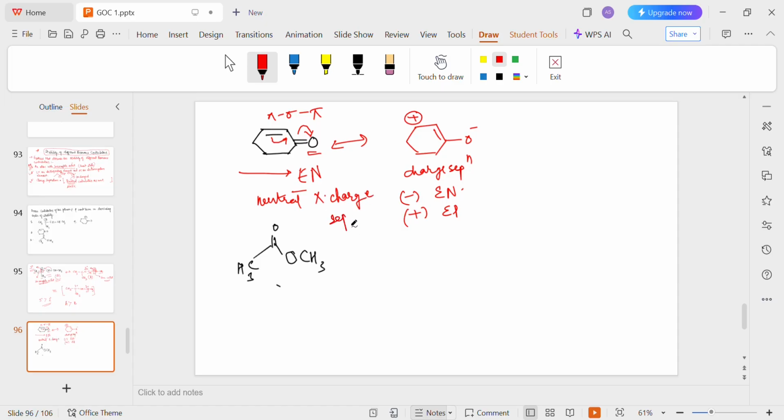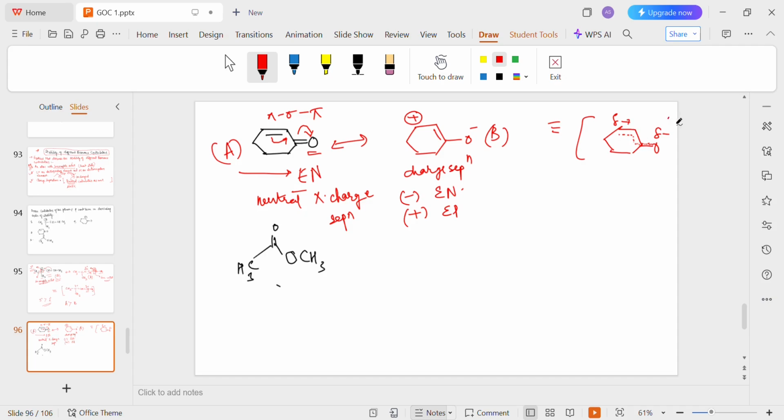So if these two are contributors, okay, this is contributor A, this is contributor B, and we are drawing the hybrid like this. Partial negative here, double bond character here, double bond character here, and double bond character here also, and a partial positive here.